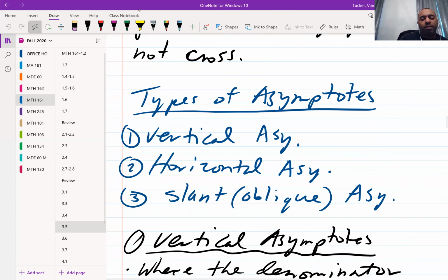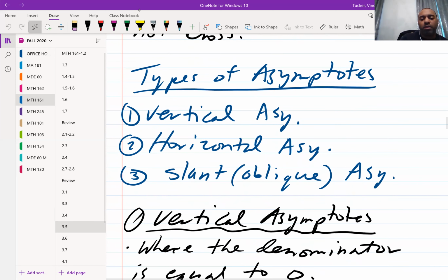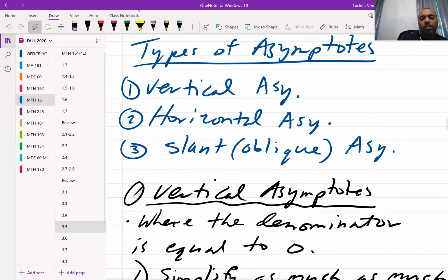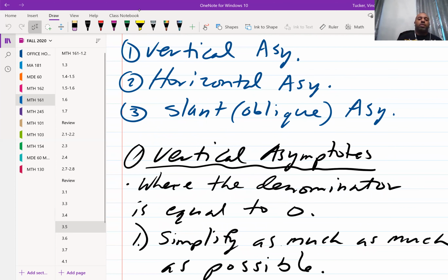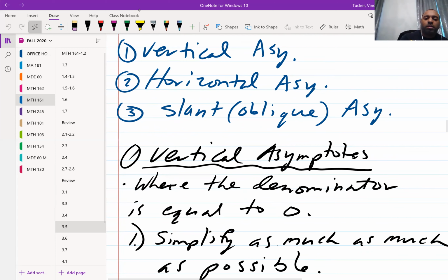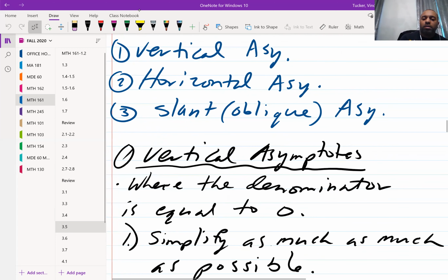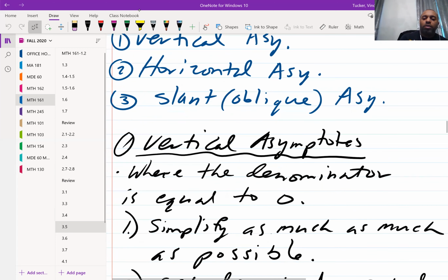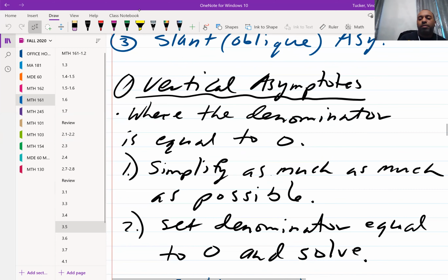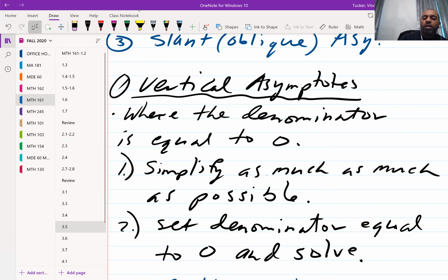So we're going to explore how to find each one of those. Vertical asymptotes are where the denominator is equal to 0. So the first thing you want to do is simplify your expression as much as possible. Set the denominator equal to 0, and then solve.